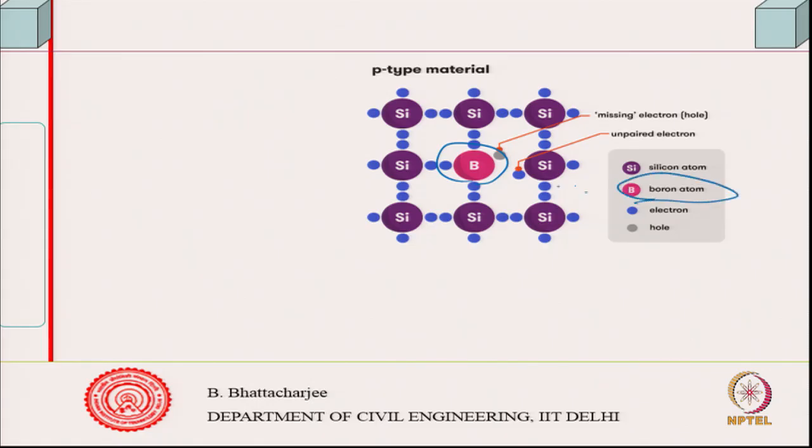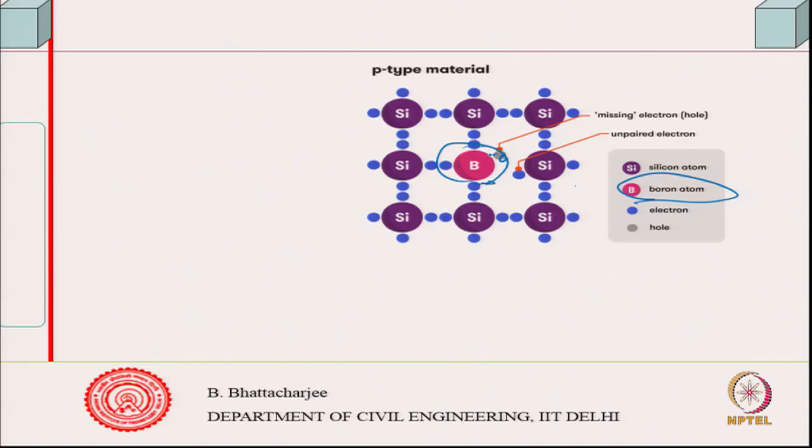This is the boron atom. Instead of 4, as silicon has, it has 3 electrons in the outer shell, 1, 2, 3. So, there is a gap here, because boron has 3 electrons in the outer shell.